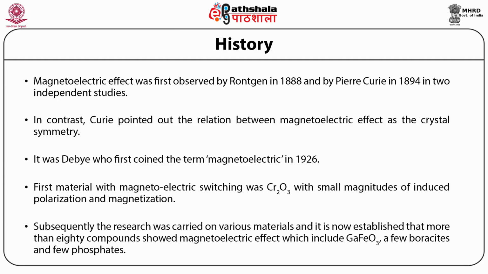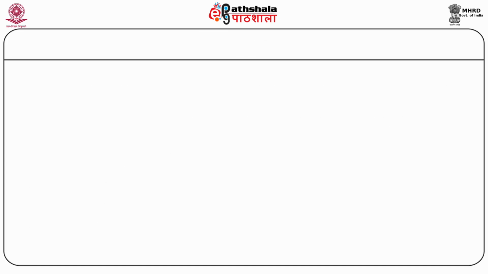Subsequently, research was carried on various materials, and it is now established that more than 80 compounds showed the magnetoelectric effect, which include gallium ferrite, a few borosides, and a few phosphates.